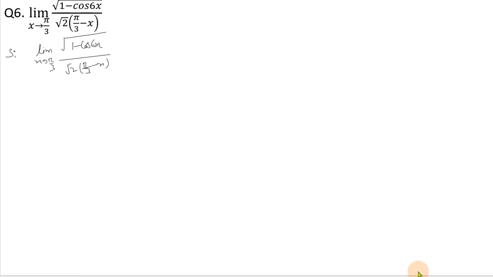So I'm going to put pi by 3 minus x equal to h. So h equals pi by 3 minus x. As x approaches pi by 3, h approaches 0.